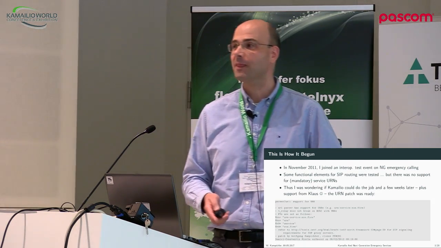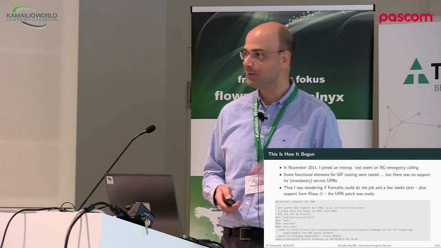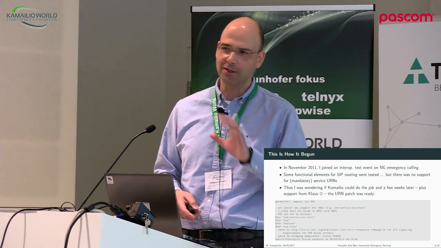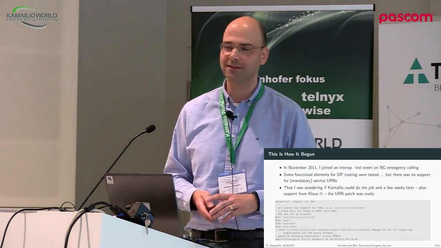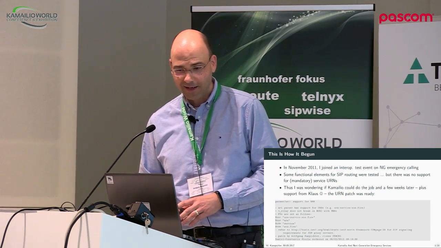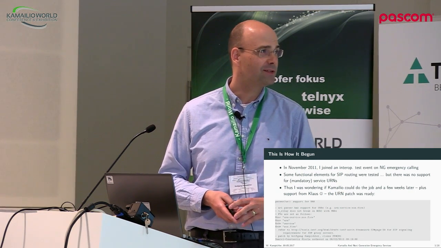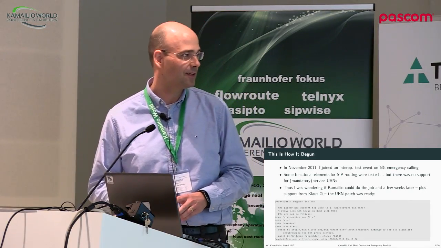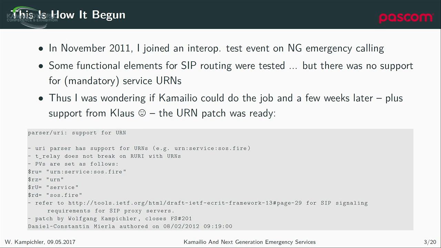So I talked to him and asked him to implement this service URN patch, and he told me, well, you can do it on your own. It's not that complex. And actually, a few weeks later, we had this patch ready, and we checked it in, and here is just downloaded from the repository yesterday.